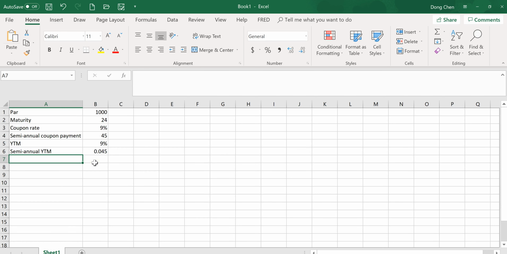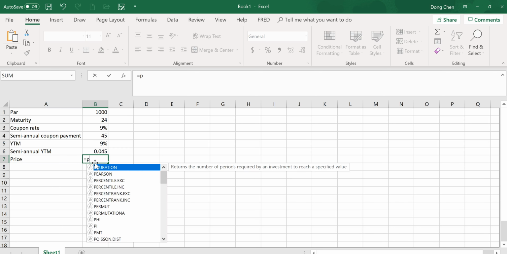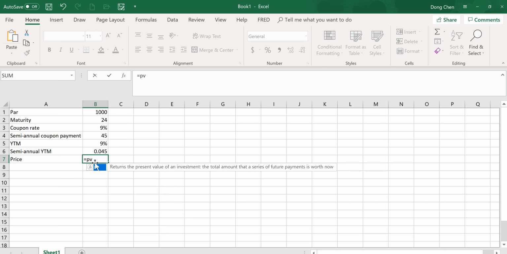So now the price. We can use the present value function because price is the present value of all future expected cash flows. In the case of a bond, the future cash flows refer to the coupon part and the par value part. So the price is simply the present value of the coupon plus the present value of the par value.